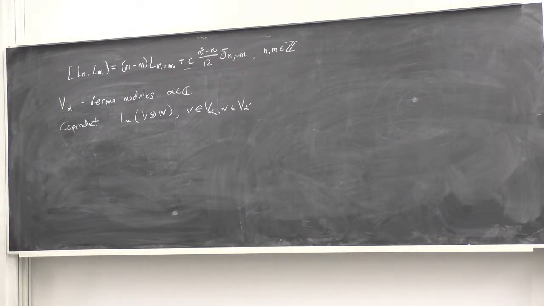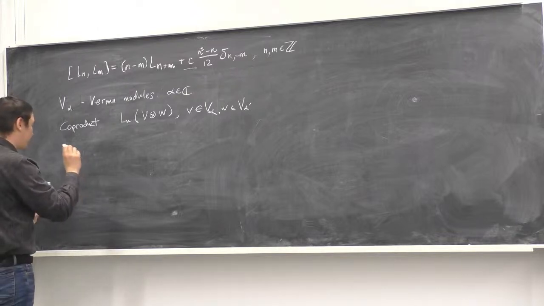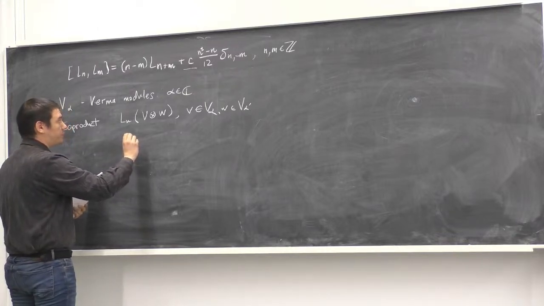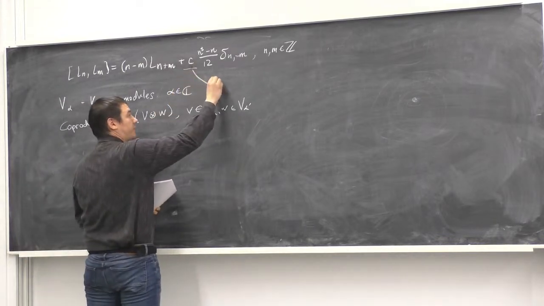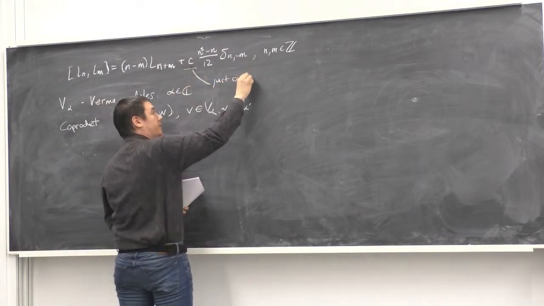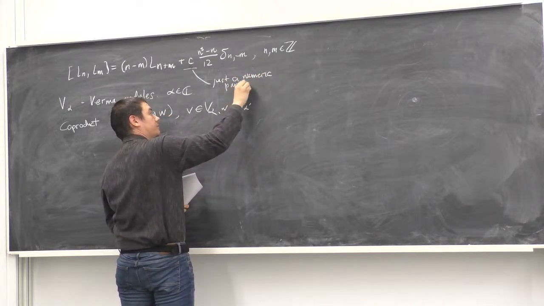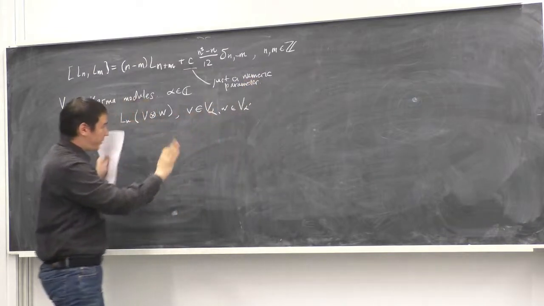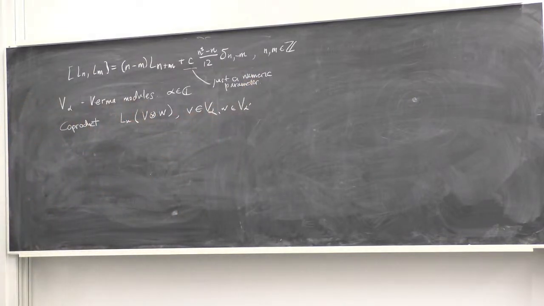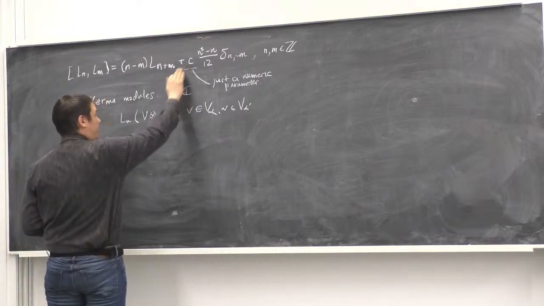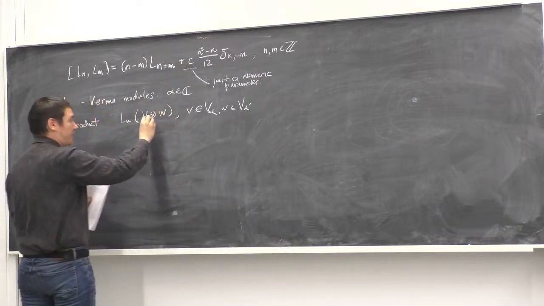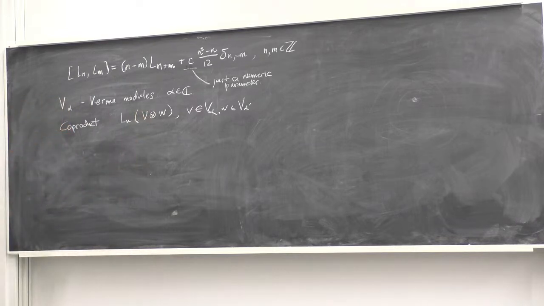So actually what we want is a clever definition, and there exists a clever definition which allows you to take this C as just a numeric parameter. Then you forfeit the fact that this is a Lie algebra. This is no longer the case, but it's still an algebra, and what's remarkable is that C on the tensor product is the same as C acting on a single Fermat module.